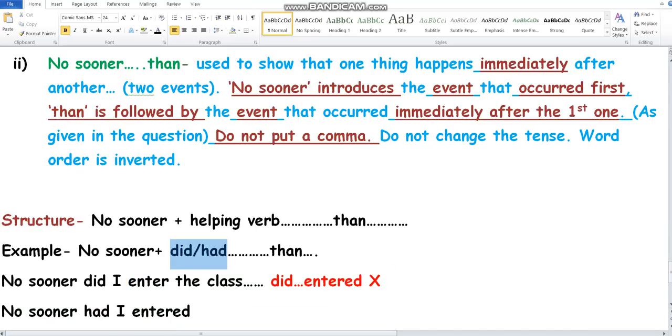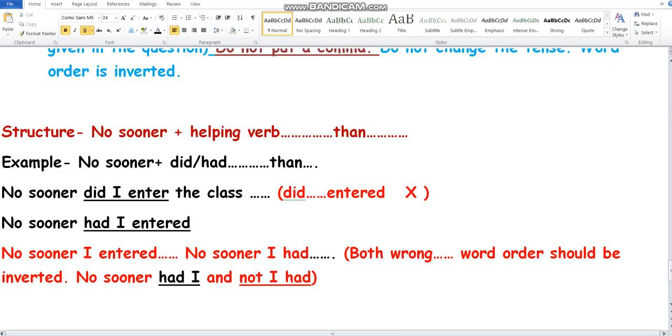So be careful about did and had. And then it is compulsory to use than in your sentence. And as I said before, the word order should be inverted, and by that I mean that it should be no sooner had I and not no sooner I had. If you simply write no sooner I entered or no sooner I had entered, both will be wrong. The correct form is no sooner had I and not I had.